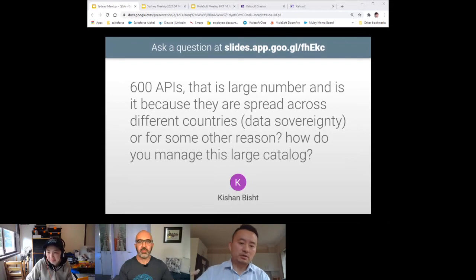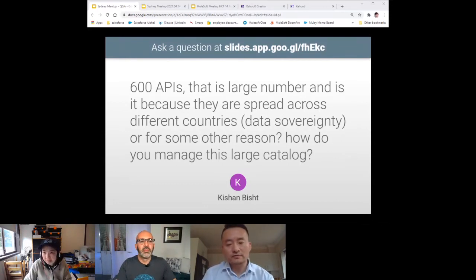We build our own catalog. We are in the process of looking at different tools, and we also work with MuleSoft to see how we can optimize that customer experience. But currently we use a spreadsheet, like a database, to manage all the different interfaces.